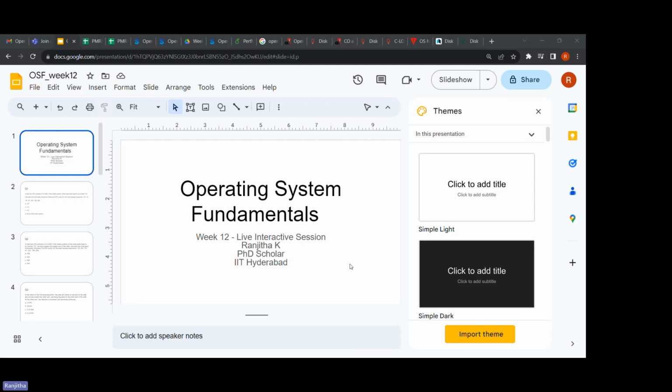Let's get started. Let's start by looking into the concept of working set model.